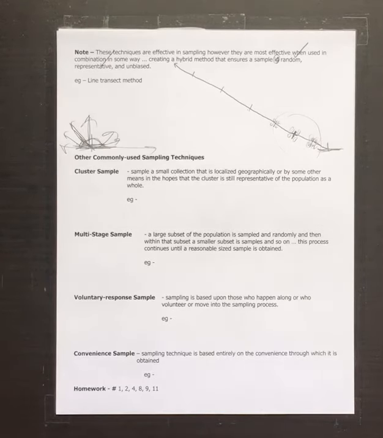The last type of sample is a convenience sample, which is a sample taken with no real strategy in mind. If I want to talk about teenage high school students, I would just sample our classroom. Our classroom is a convenience sample because it's all there right in front of me.